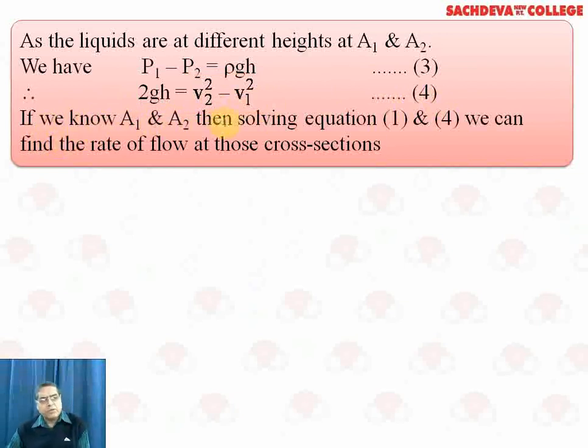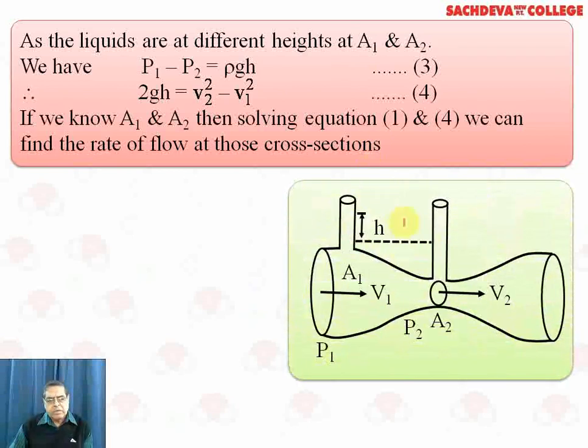If we know the values of A1 and A2, then solving equations 1 and 4, we can find the rate of flow at those cross sections. So this is a repeated figure. V1 is the velocity at A1 and V2 is the velocity as shown in the figure, and P2A2 is the force at the point where the flow is V2.